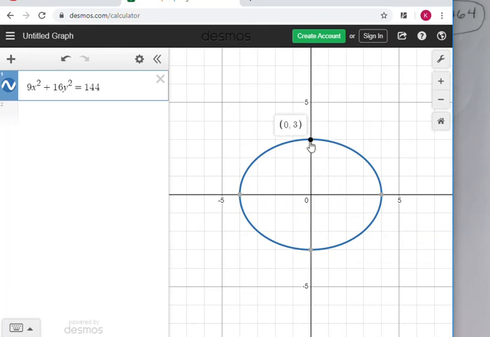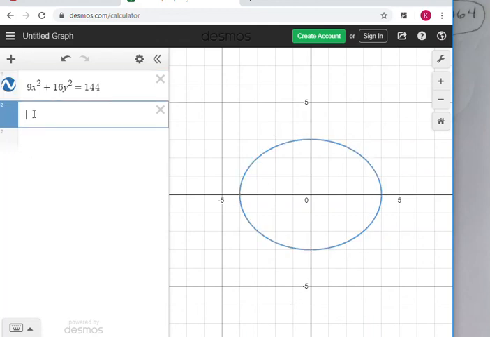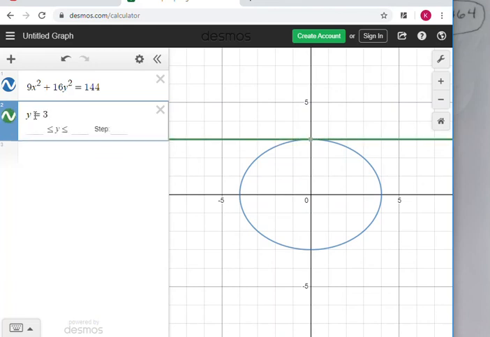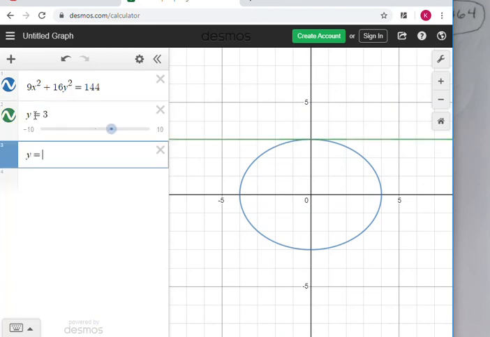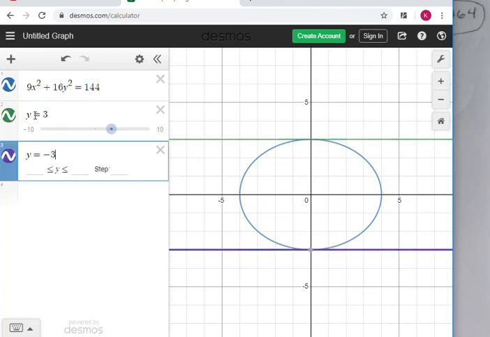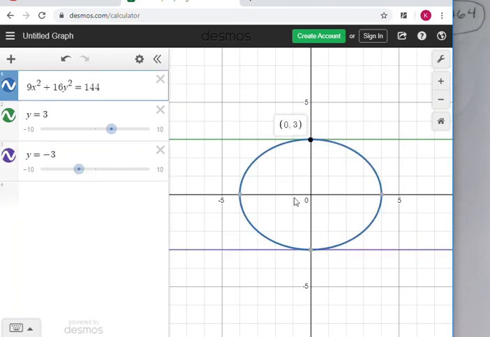Notice right here, where x is 0, the tangent line would be horizontal. And also right there, where x equals 0, we'd have a horizontal tangent line. If we wanted to, we could even graph them. It looks like it's y equals 3 and y equals -3. You can clearly see those horizontal tangent lines right at those points where x is 0. So those two look good.